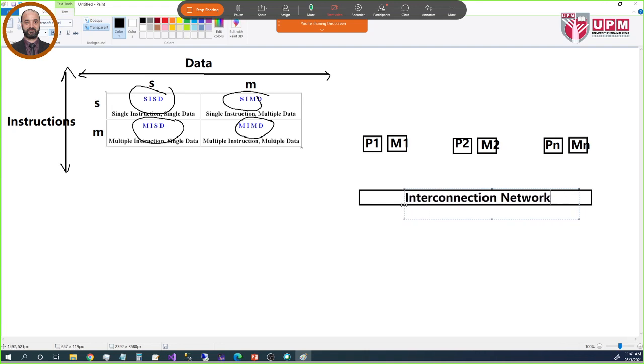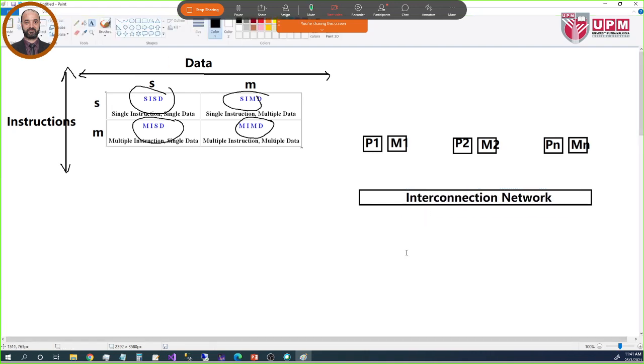This is the interconnection network that's used to communicate, to link, to pass data, or to interact between the processing units.